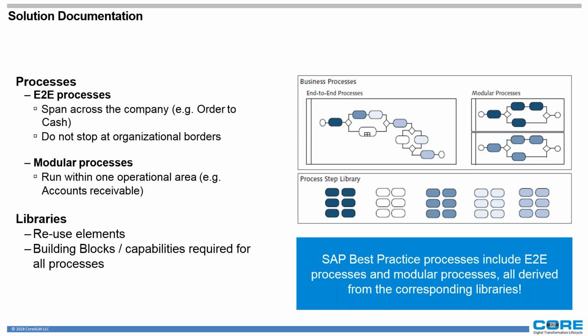From a solution documentation perspective, this also allows you to inventory your executables. So you can build your end-to-end processes, and this process might span across the company, like an order to cash. It might touch different systems. It might touch different business areas.